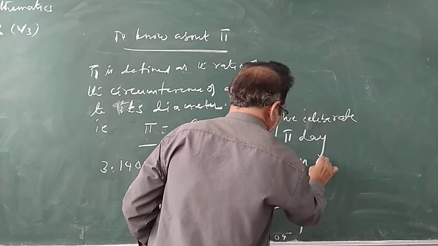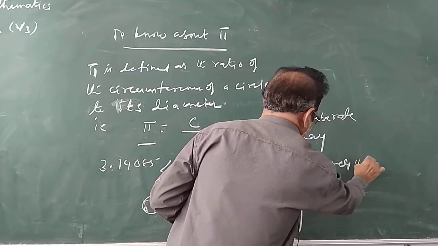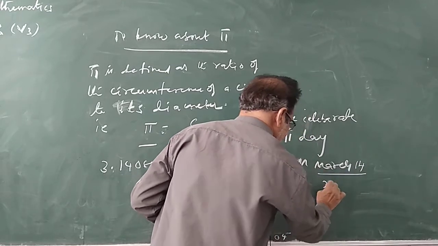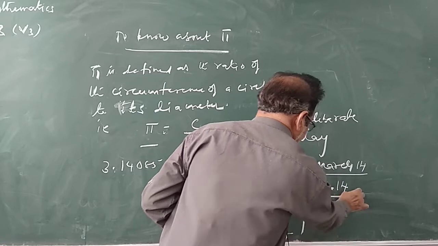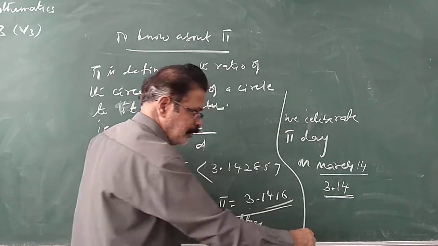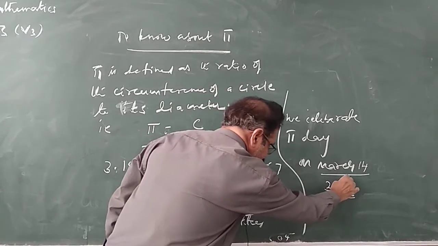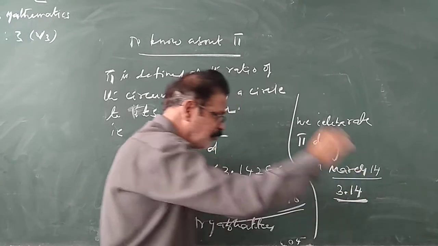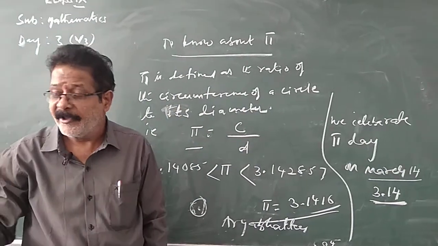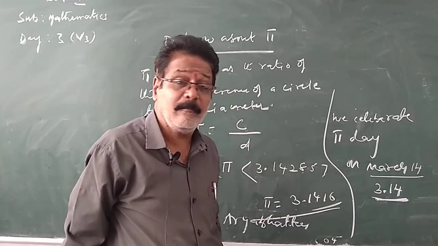We celebrate Pi Day on March 14th. March is the 3rd month and 14 is the 14th, so 3.14. March 14th we celebrate as Pi Day. Why on March 14th?